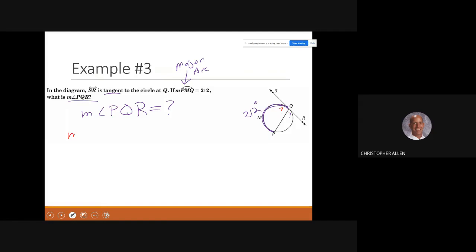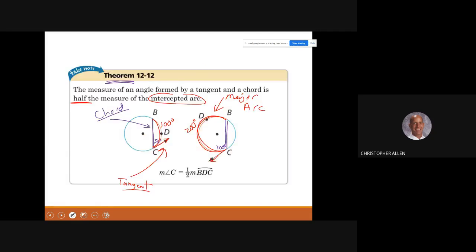I know that the measure of angle SQP has to be 1/2 the measure of arc PMQ. Let me explain why I know that's half, because it's this theorem. This theorem says the measure of the angle formed by a tangent and its chord is half the measure of its intercepted arc.